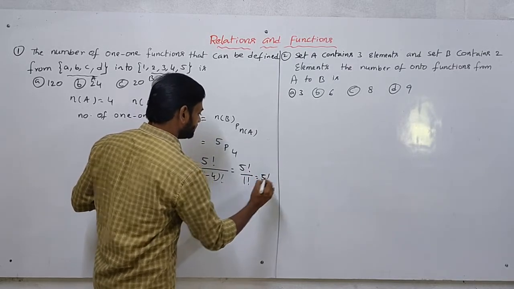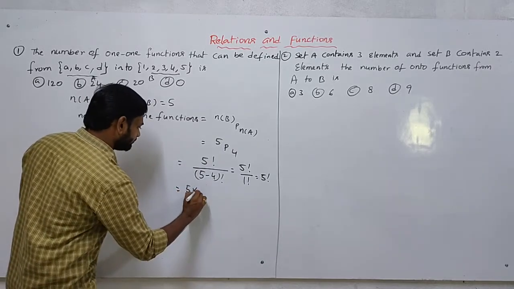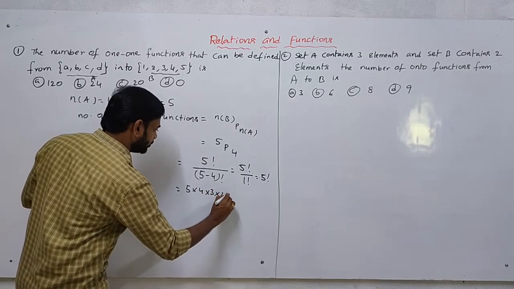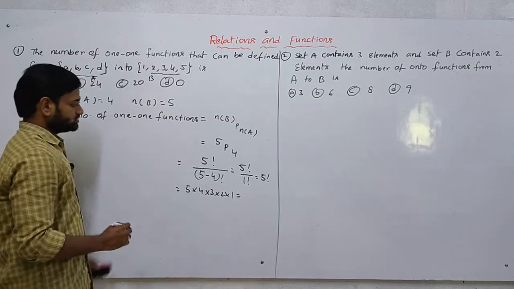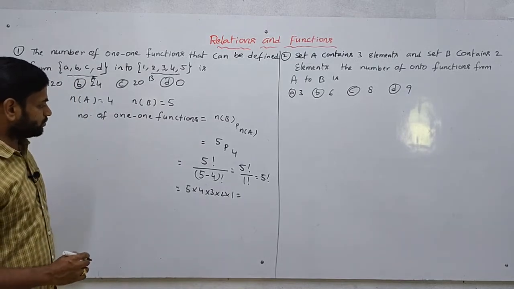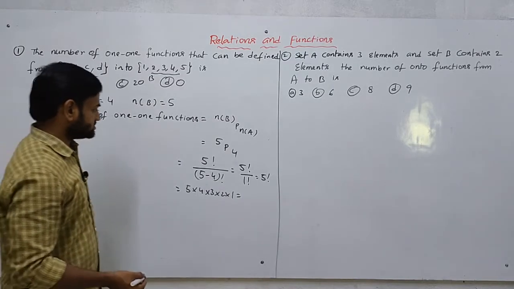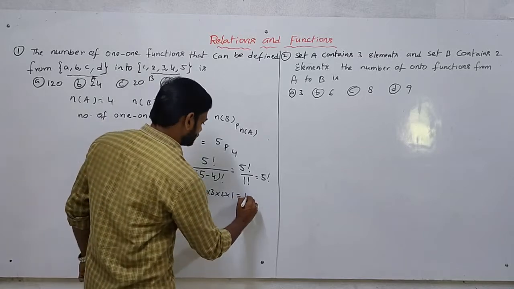So that is 5 factorial by 1 factorial, which is 1, so 5 factorial: 5, 4, 3, 2, 1. That is 120.